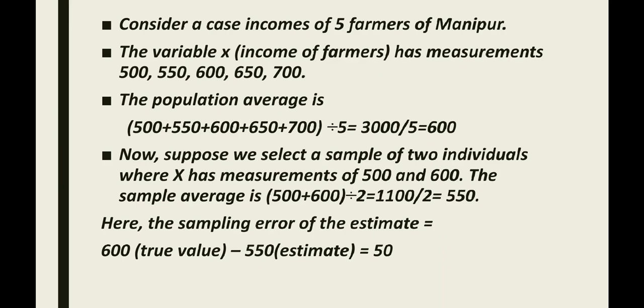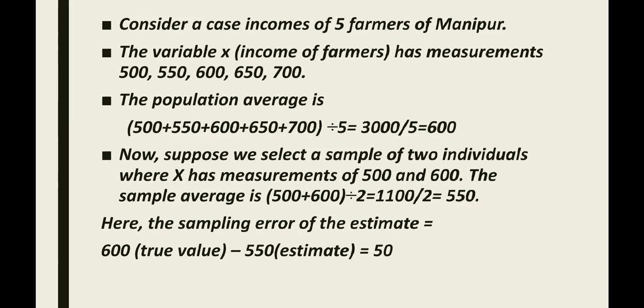For example, consider a case of income of 5 farmers of Manipur. The variable x, income of farmers, has measurements 500, 550, 600, 650 and 700. The population average is total income divided by number, which is 600.